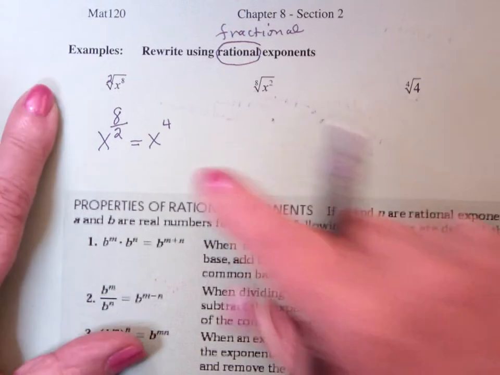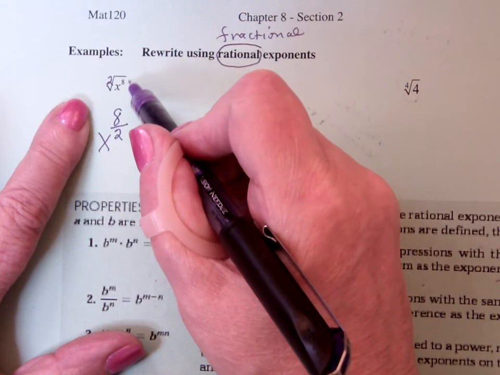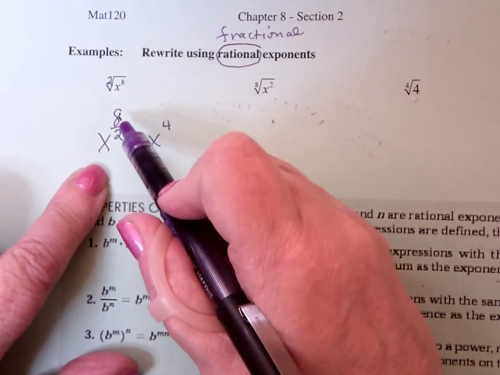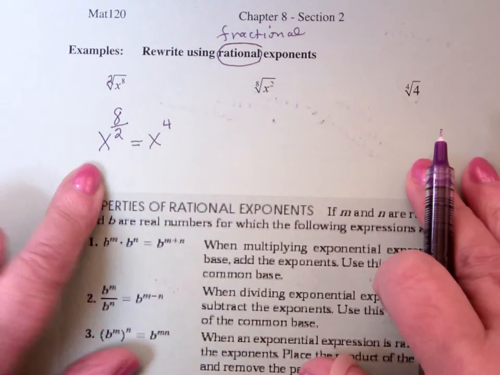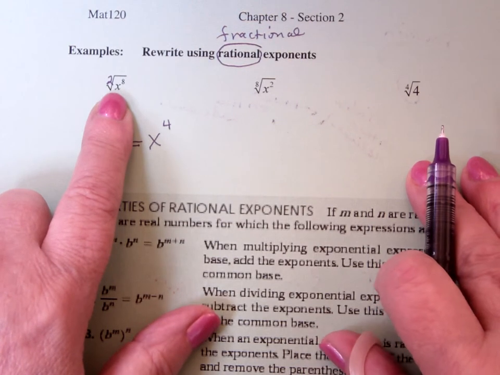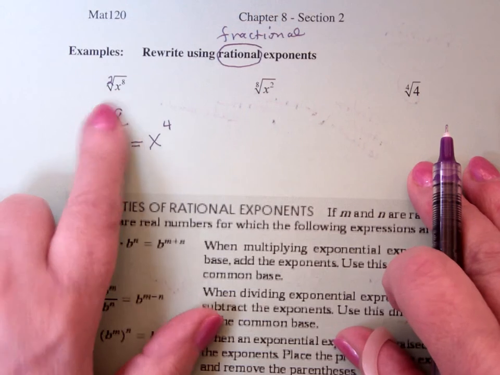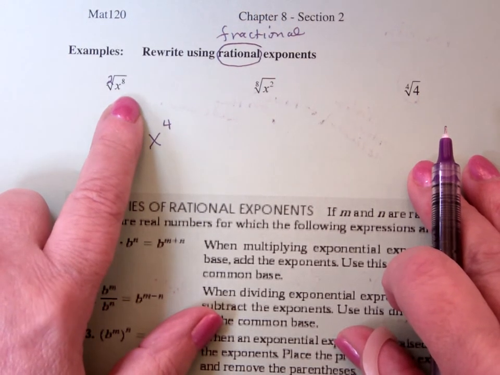This is why: if I have a power of 8 on the inside and the index is 2, the fractional exponent is 8 divided by 2. So when you're simplifying a radical, the numbers are going to be a pain, but the powers are going to be easy, because you can just divide the index into the exponent.